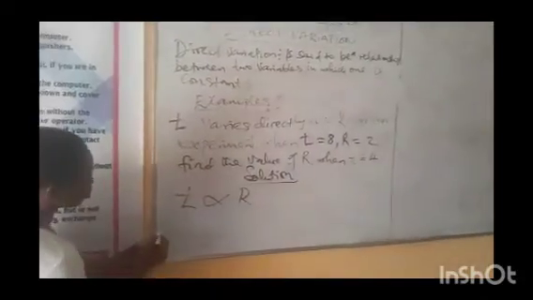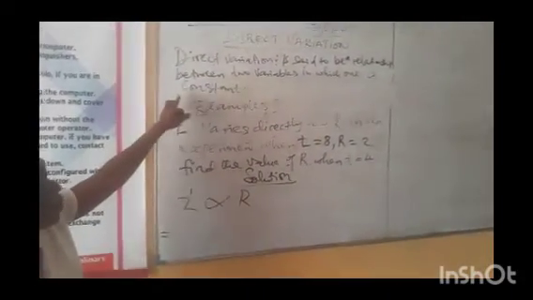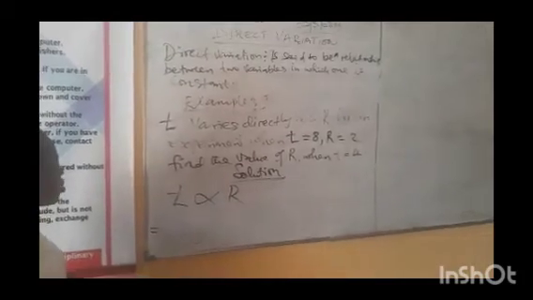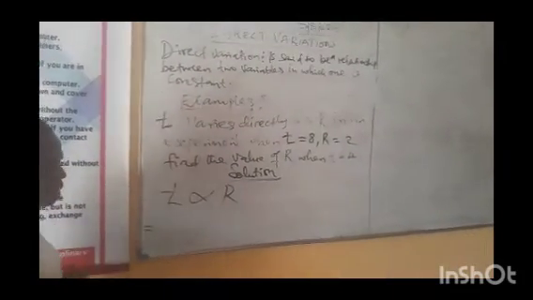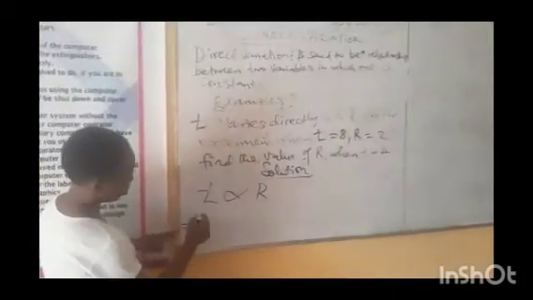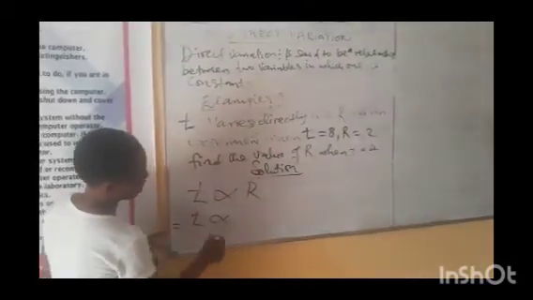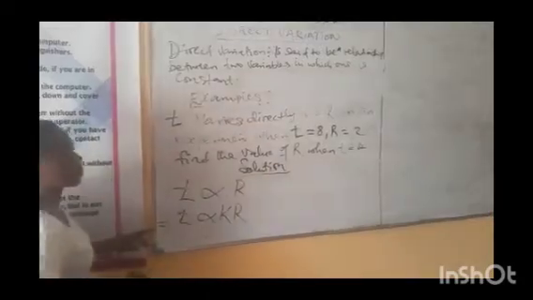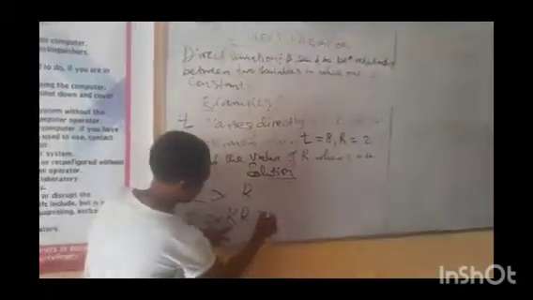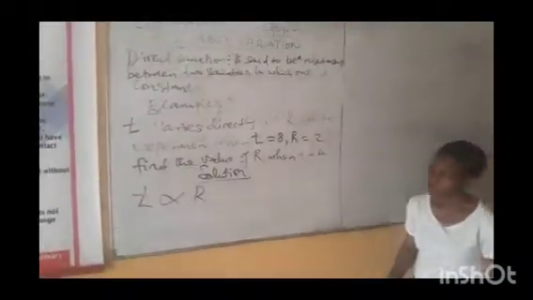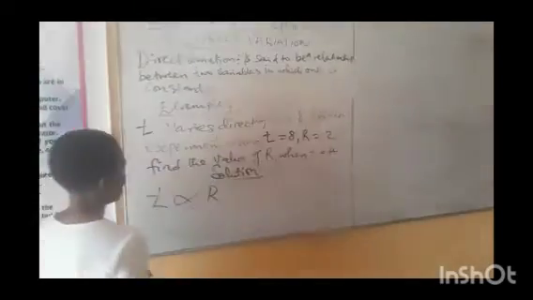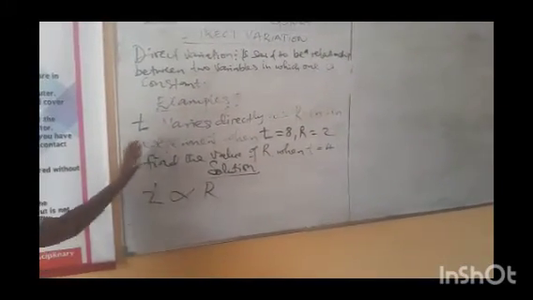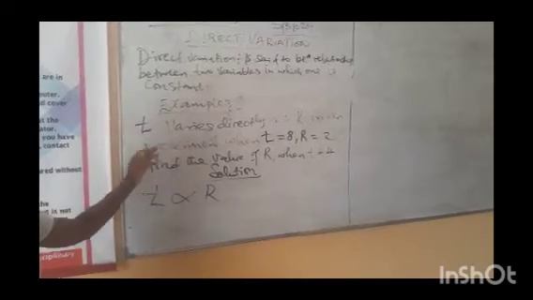So the next thing to do is, as I told you at the end of that definition, we said that one of the variables must be constant. Now, the next thing to do is to introduce our constant. How do we introduce our constant? You continue. T varies directly as, introduce your constant, which is k. As I've made you understand, in your solution you have to pick the variables according to how they are stated.